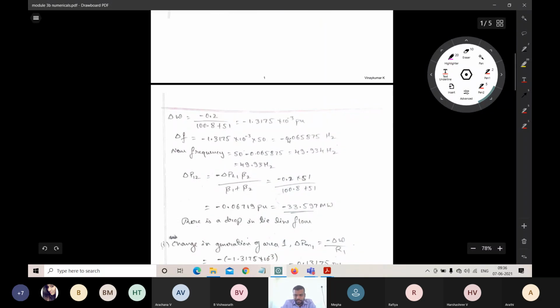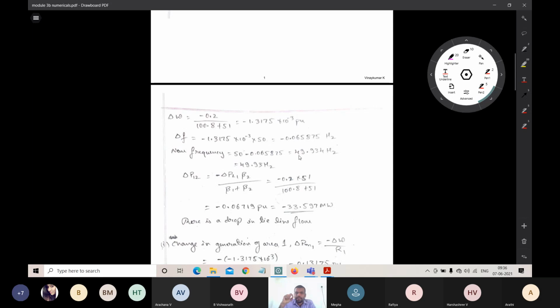And here we got the change in frequency. We substitute that here to calculate the new frequency. Calculate delta F, and the answer is the new frequency. So the new frequency is 49.93 hertz. This is the new frequency when the change in load takes place in area 1.